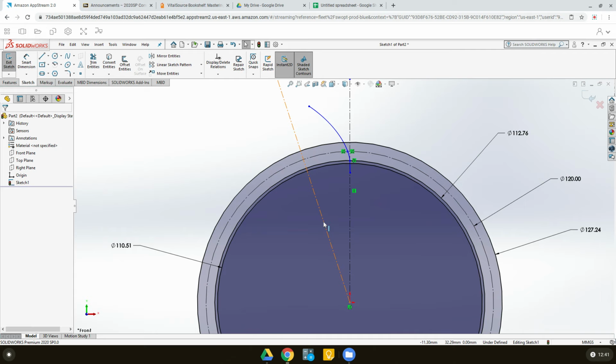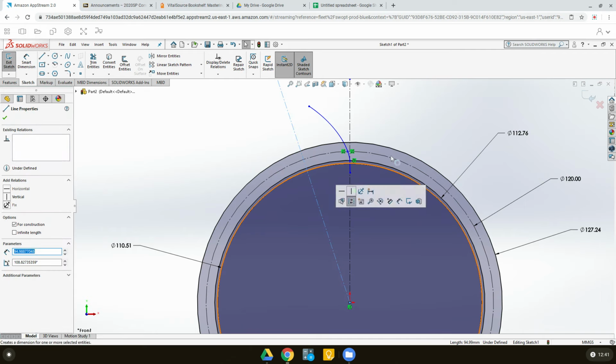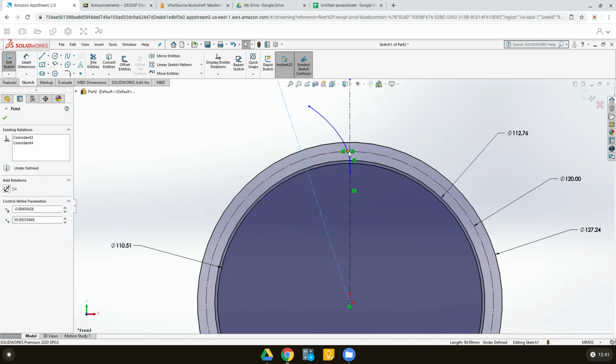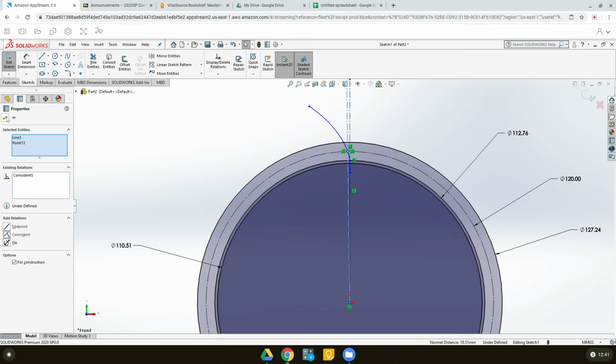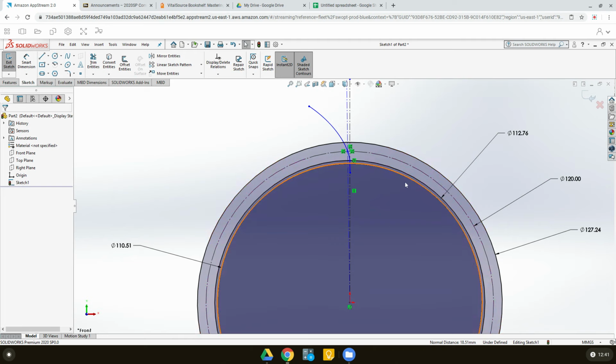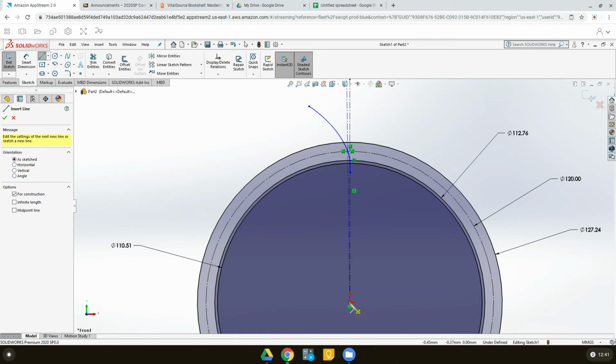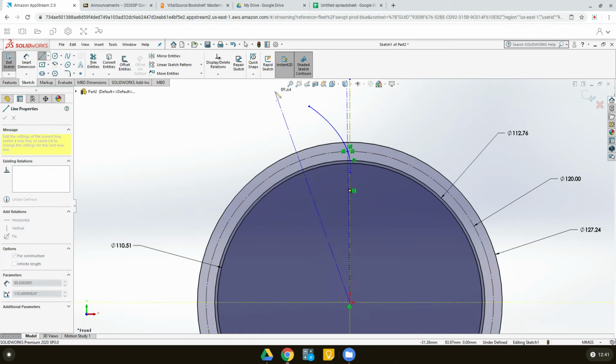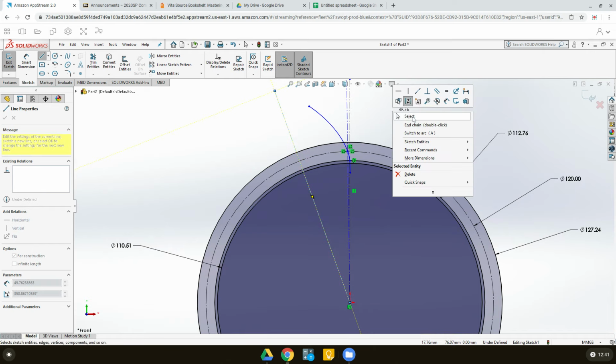So I'm going to select the line, control key, press and hold, and select that point there and make them coincident. So the line is passing through that now. Next, we need another construction line. So I'm going to draw another construction line from the origin, something like this.